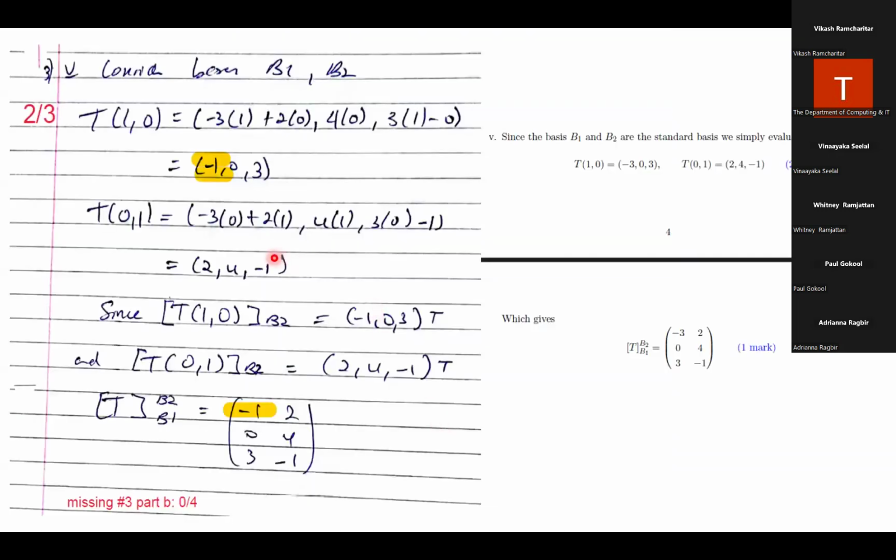Again, a minus sign here, so another minus sign error, so they lost a mark. If it's a simple arithmetic mistake, and this mistake they made at the beginning, you just follow through what they did and make sure they have the right idea. Yes, they will arrive at the wrong answer, so you circle the part of the answer that's wrong. You don't put a tick because this is not correct.